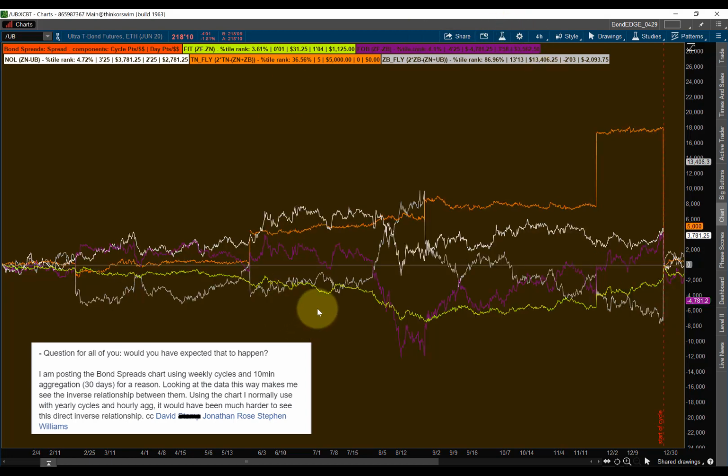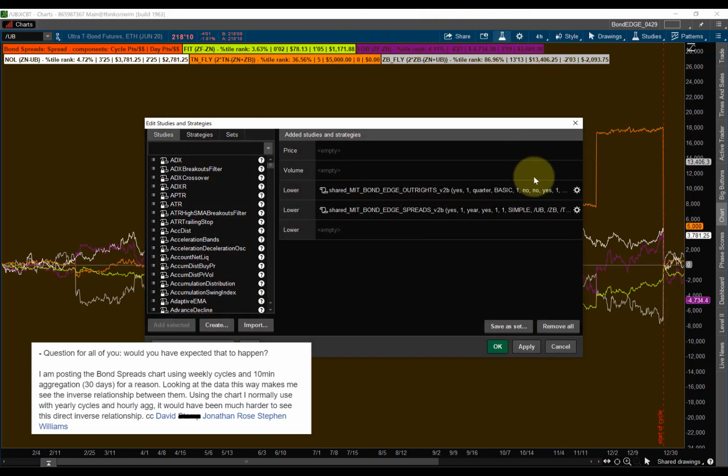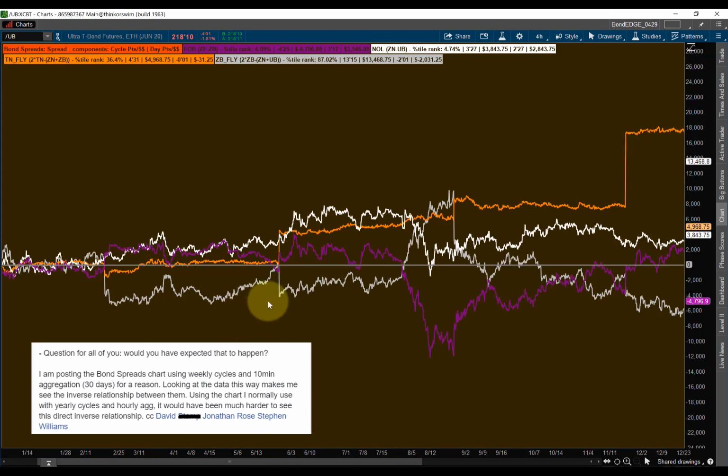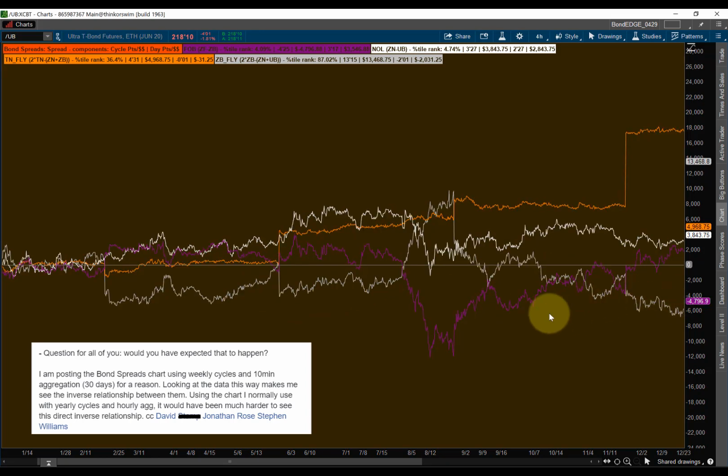Let me take off this green line. Going back in 2019, we have the entire year up. And I guess at the end of the year, the ZB fly, as it did sell off, the FOB was rallying.